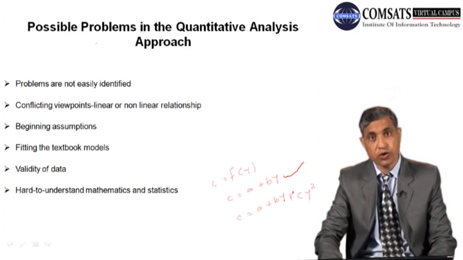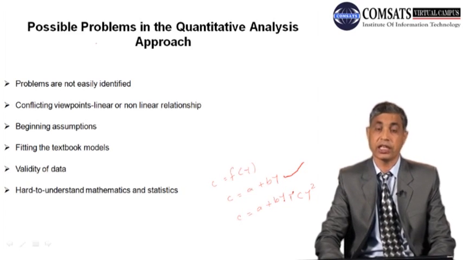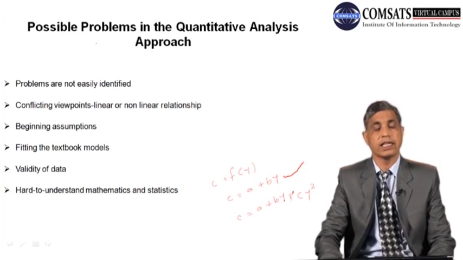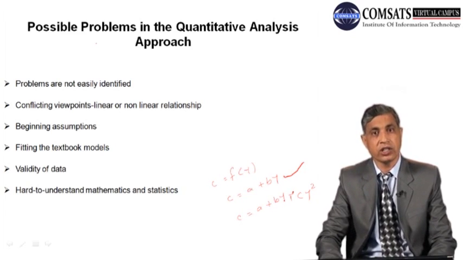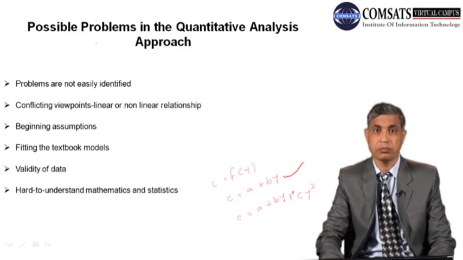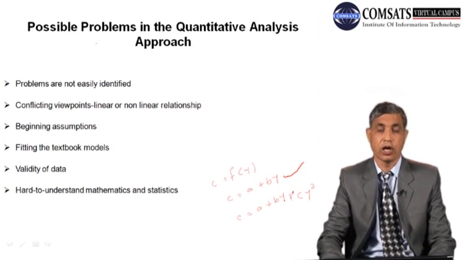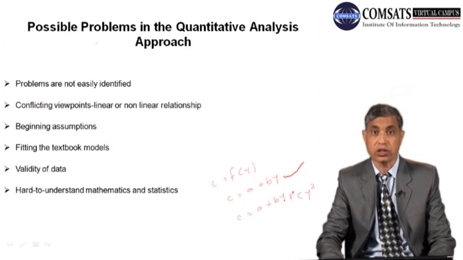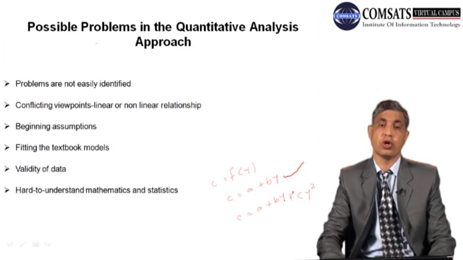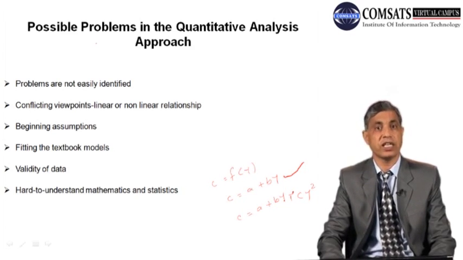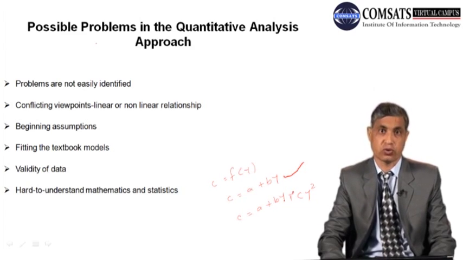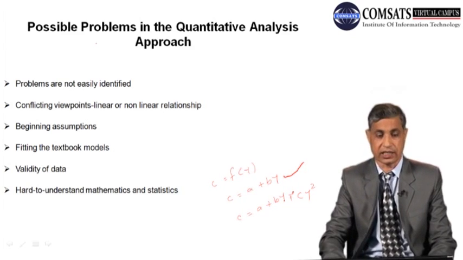But on the same issue, if you go for the second equation, it is a quadratic equation that says that the relationship between the income and the consumption is not linear, it is non-linear. So now the problem arises that there are conflicting views, conflicting remarks on the same issue. So now the researcher is in a fix and dilemma about which to select. So it is also a problem with the quantitative techniques.